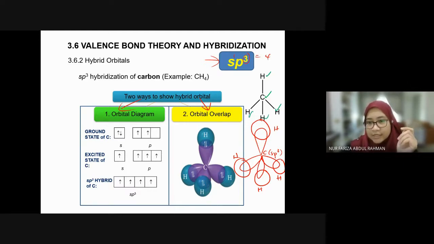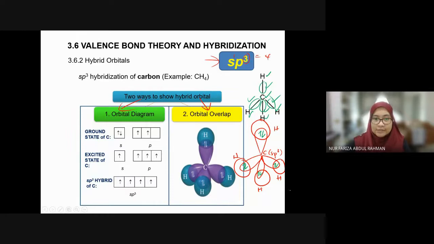Don't forget the electron. So the electron is this bond. So all the bonding we have covered. So there you go for your orbital overlap.